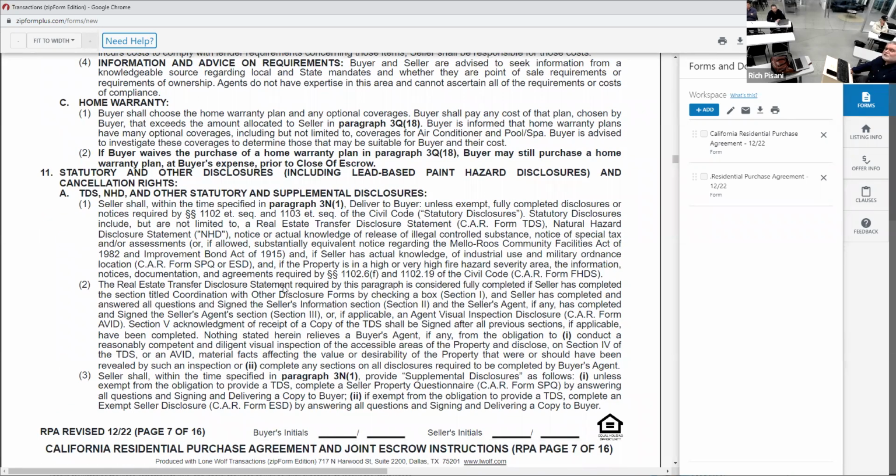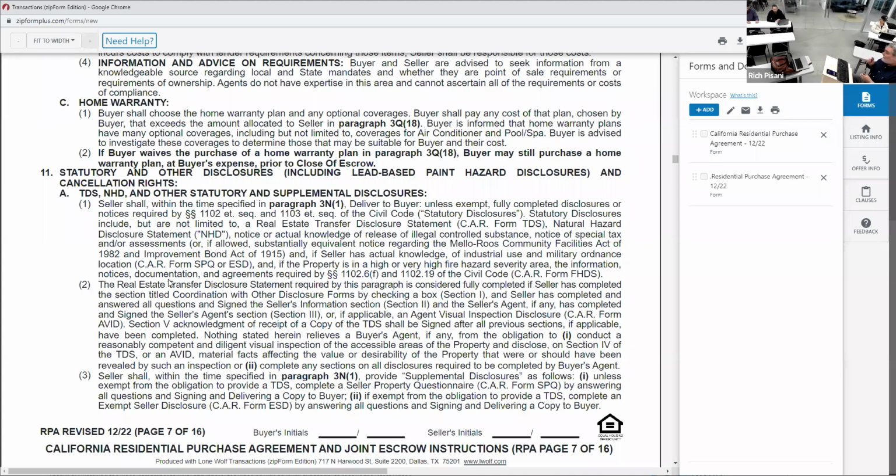It talks about statutory requirements. The TDS, the transfer disclosure statement, the NHD statement, natural hazard disclosure statement, lead-based paint if it's before 78, the appraisal fairness, which is attached to this, is a statutory requirement.